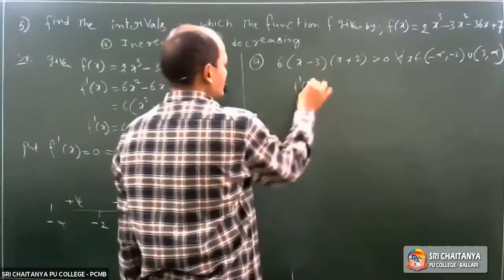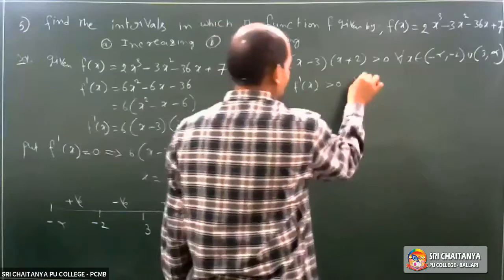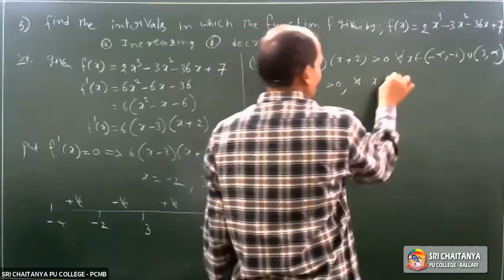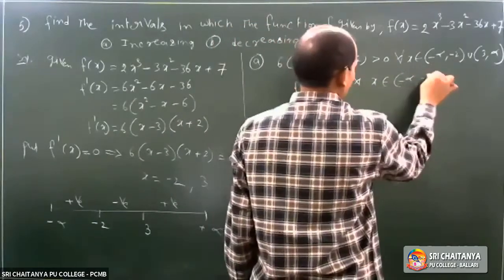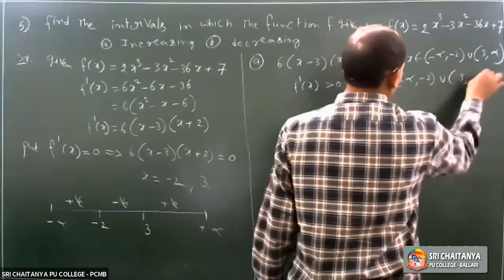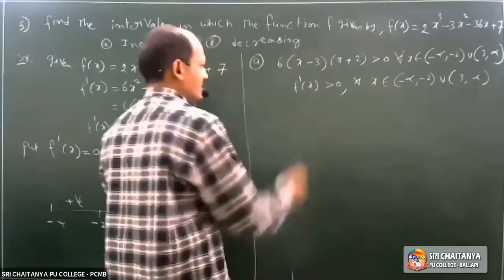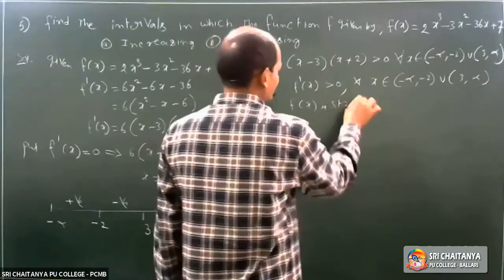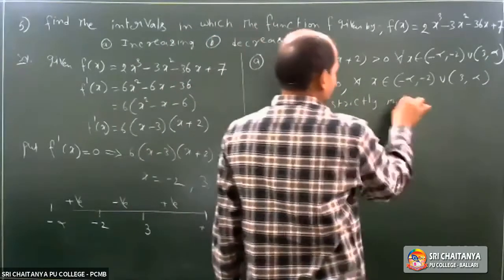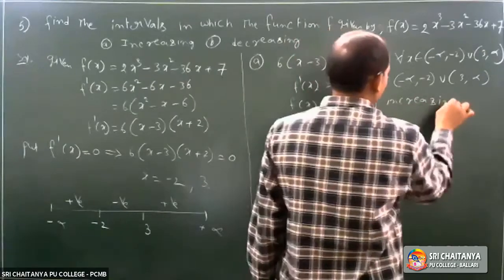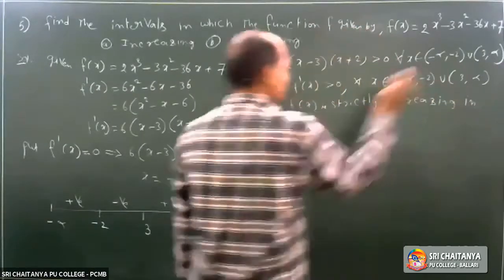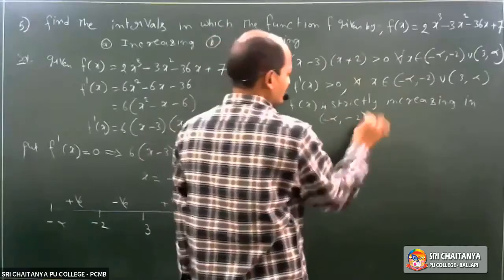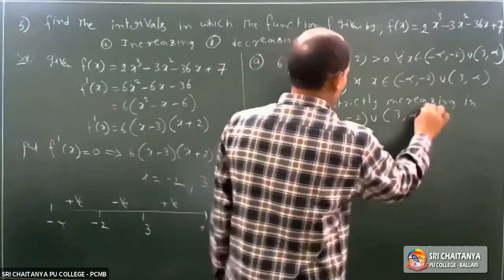That means f dash of x is greater than 0 for all x belongs to minus infinity to minus 2 union 3 to infinity. So f of x is strictly increasing in these intervals, minus infinity to minus 2 union 3 to infinity.